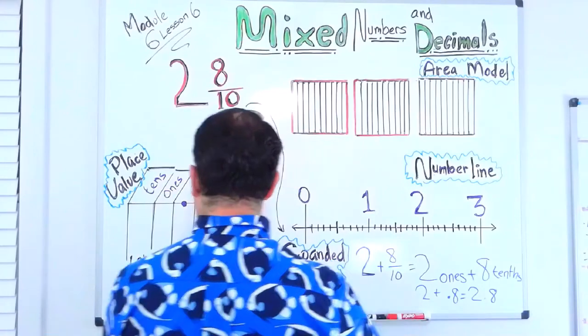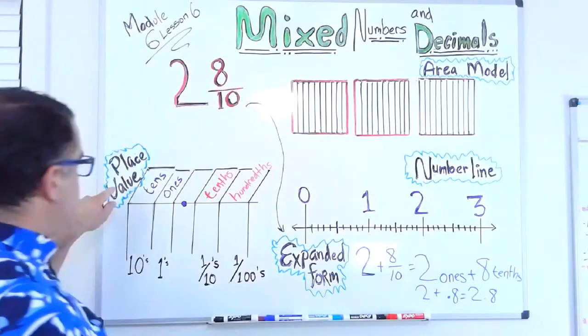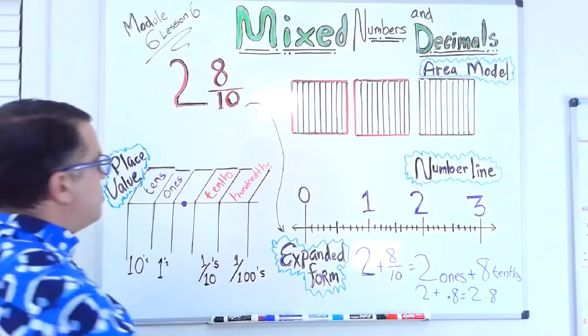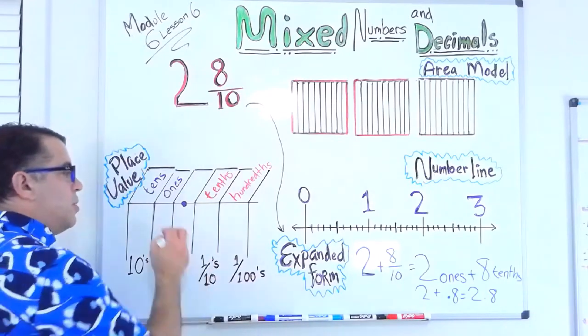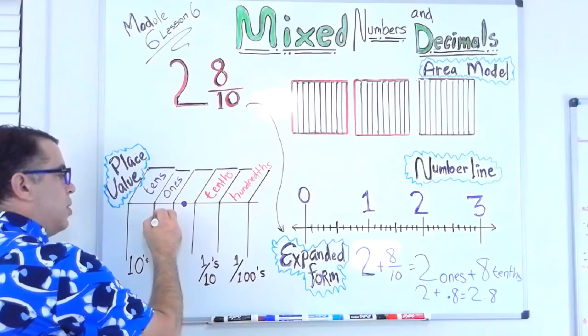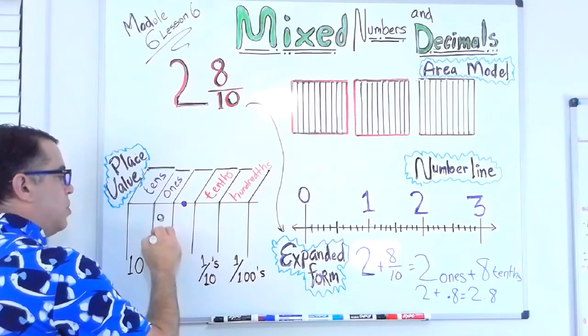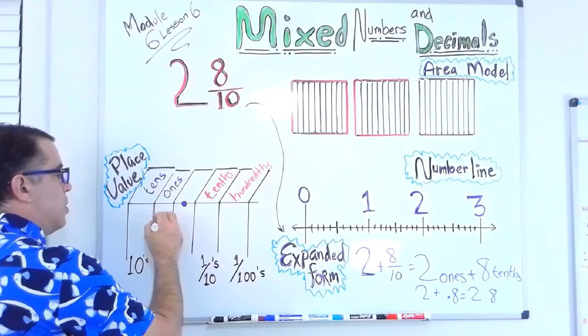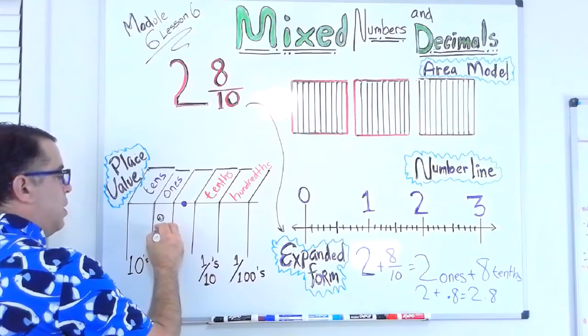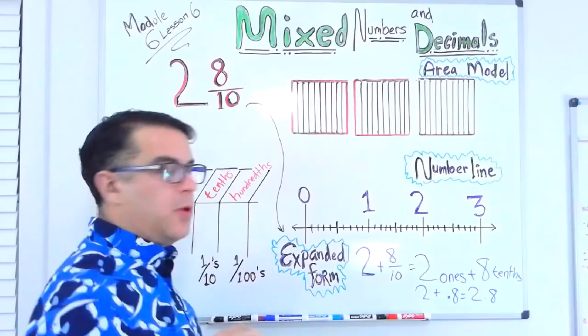Now let's come over here to our place value. When we say 2, we're talking about 2 ones. There are 2 ones. Okay? And you're going to see this in your problem set today.